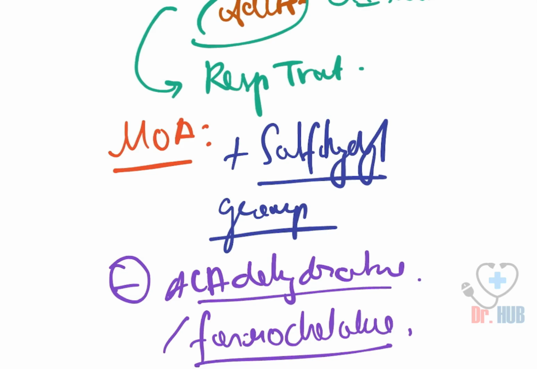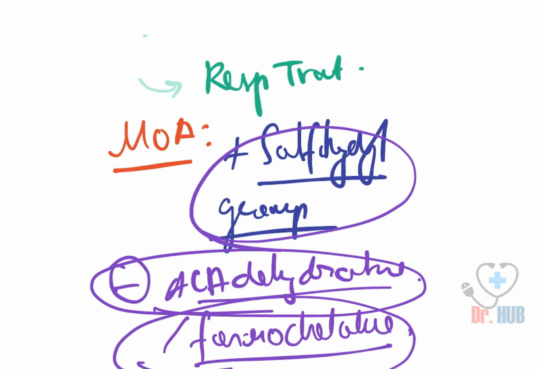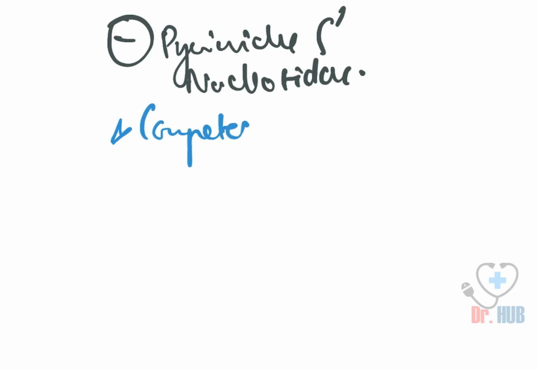So it binds to the sulfhydryl groups and inhibits ALA dehydratase along with ferrochelatase. It also inhibits pyrimidine 5 nucleotidase. Then it also competes with the calcium.